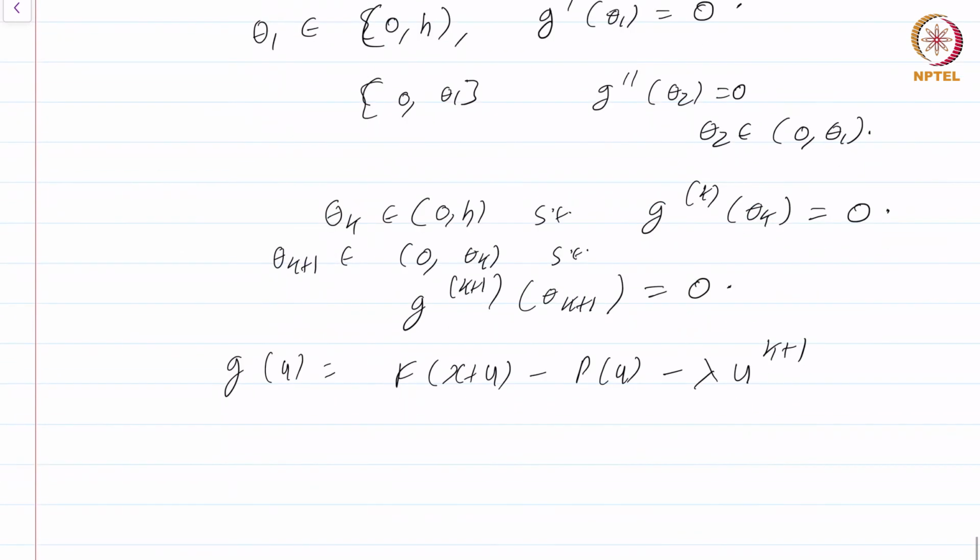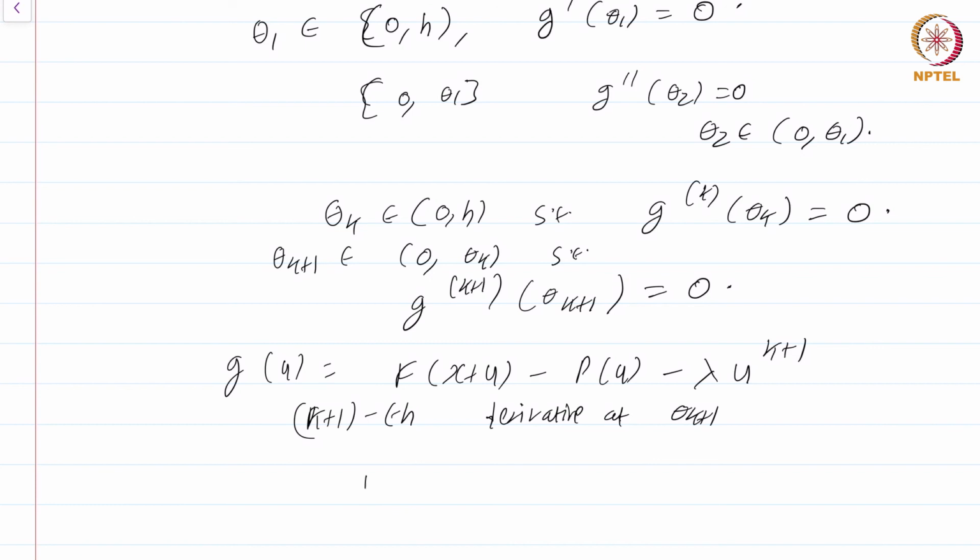What will be the k plus 1th derivative of this at theta k plus 1?